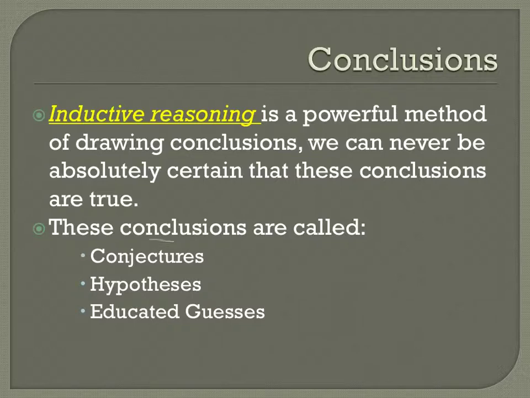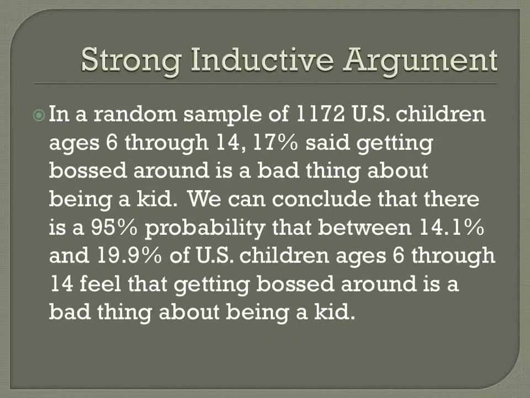Common names would be conjectures, hypotheses, educated guesses, all commonly used in your science classes. Inductive reasoning is just a process that we use to help us solve some problems. We may be right, we may be wrong, or there may be no correct answer in the end. Its counterpart, we'll learn about later.